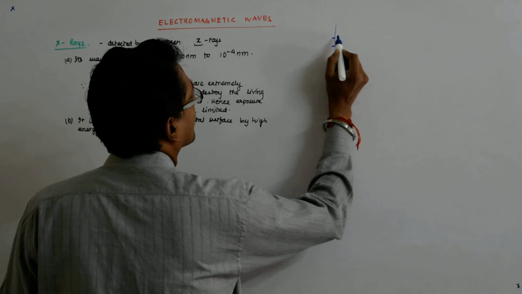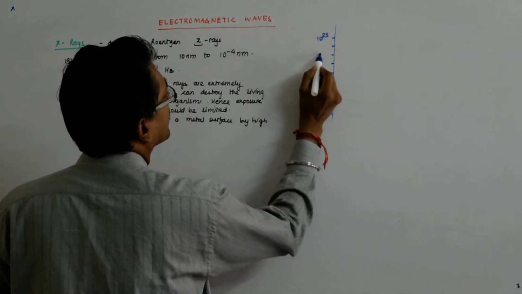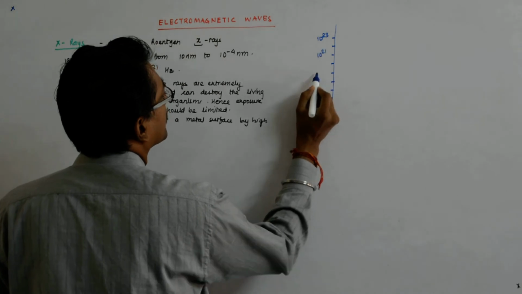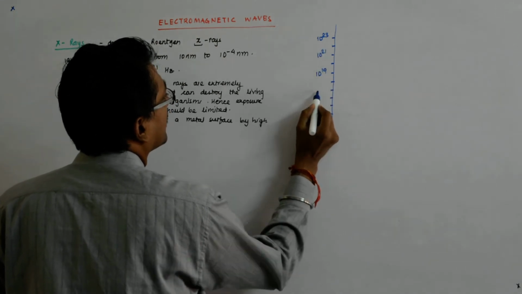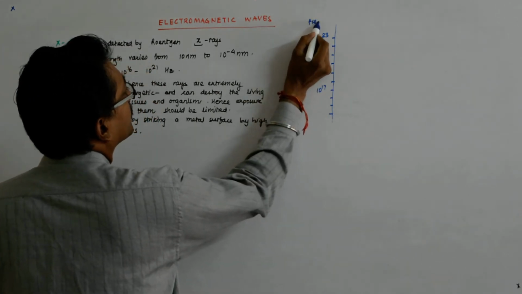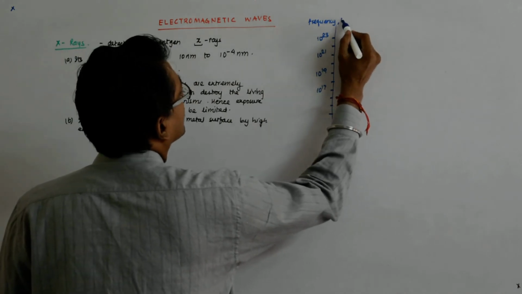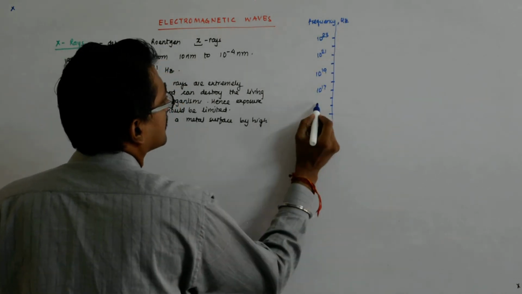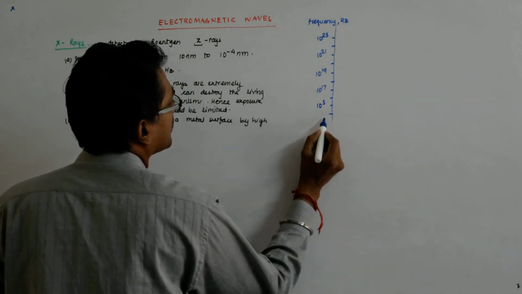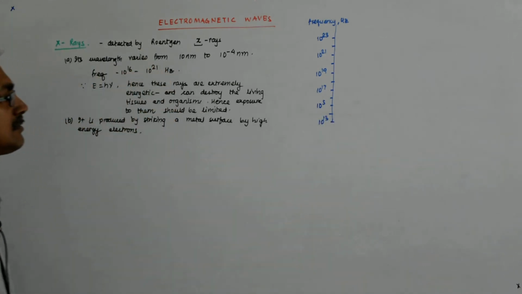If this is say 10 to the power 23, I'll skip one, 10 to the power 21, 10 to the power 19, 10 to the power 17. This is frequency in hertz. This is 10 to the power 15, this is 10 to the power 13.